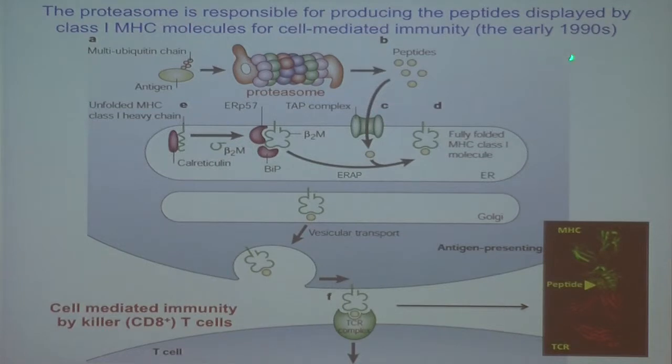Before 1990, non-self protein associated with class 1 molecule is presented to killer T cells to kill. So this is very important to discriminate self or non-self.